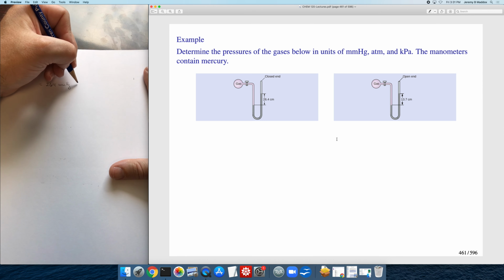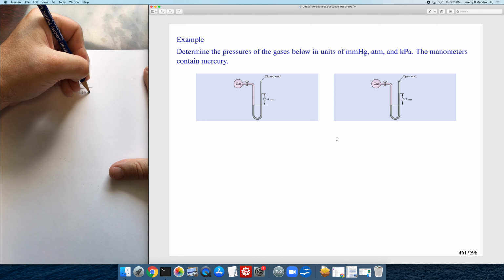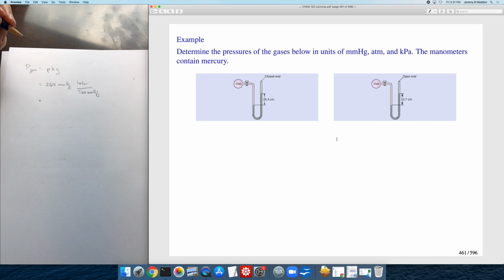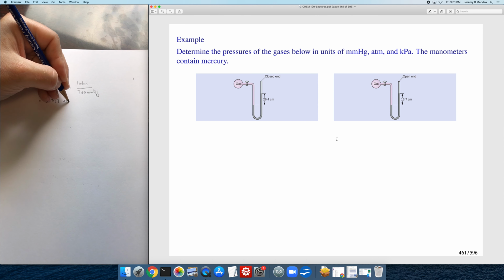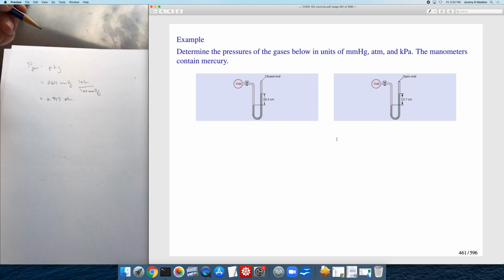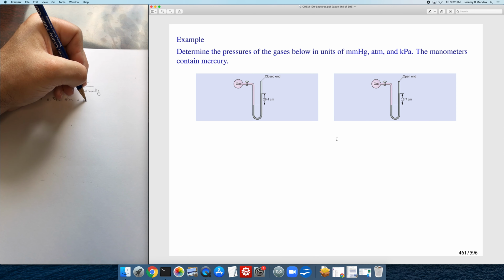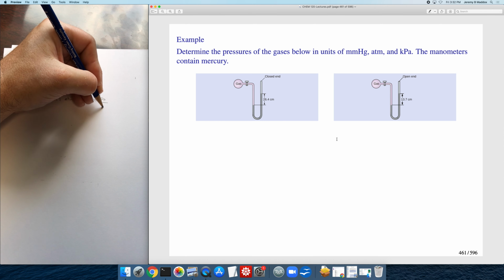So we will say that 1 atmosphere divided by 760 is 0.347 atmospheres. Okay, to convert that to pascals times 101,325 pascals per ATM.